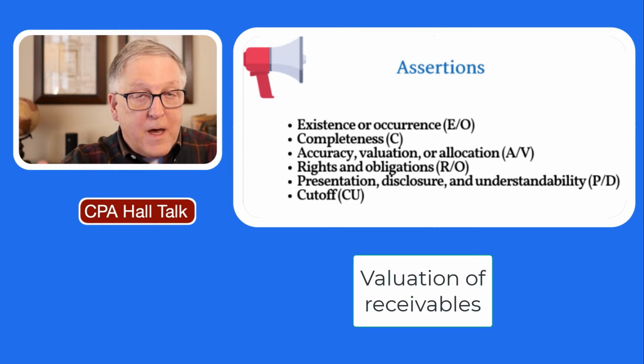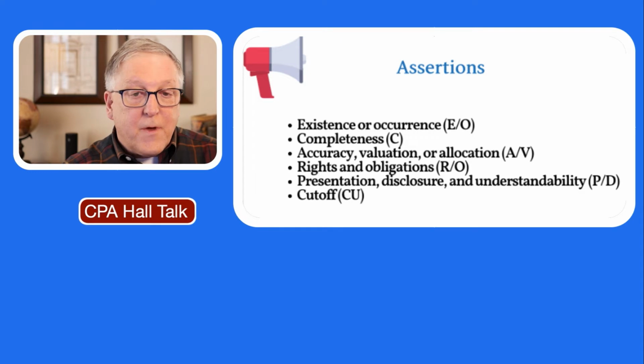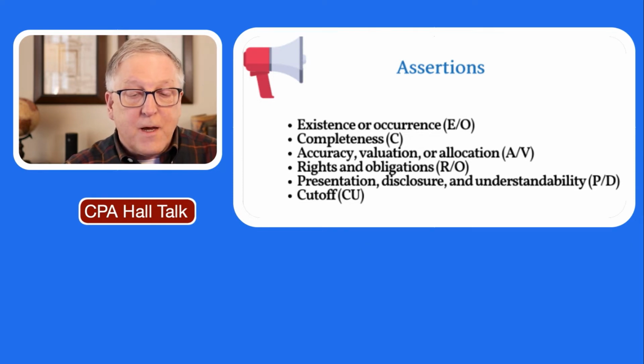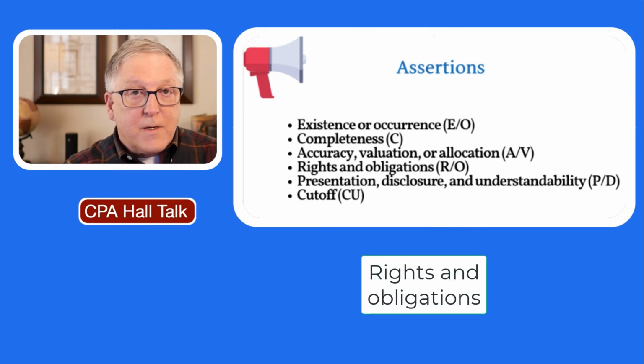We talked about valuation in relation to the allowance for uncollectibles. I think for accuracy, again, with the third bullet, that can come into play really for just about any account balance or transaction cycle. Rights and obligations, if there's some question as to whether or not the entity would own an asset or whether or not they would owe under an obligation, then this one can come into play.